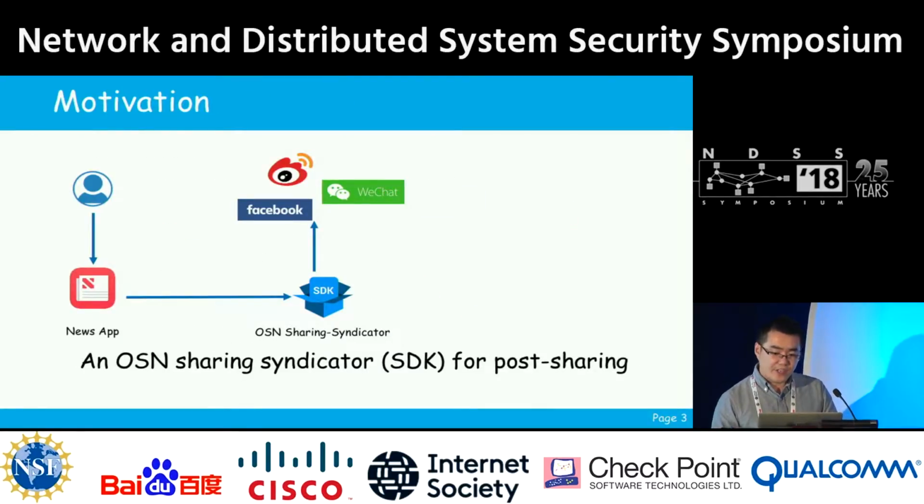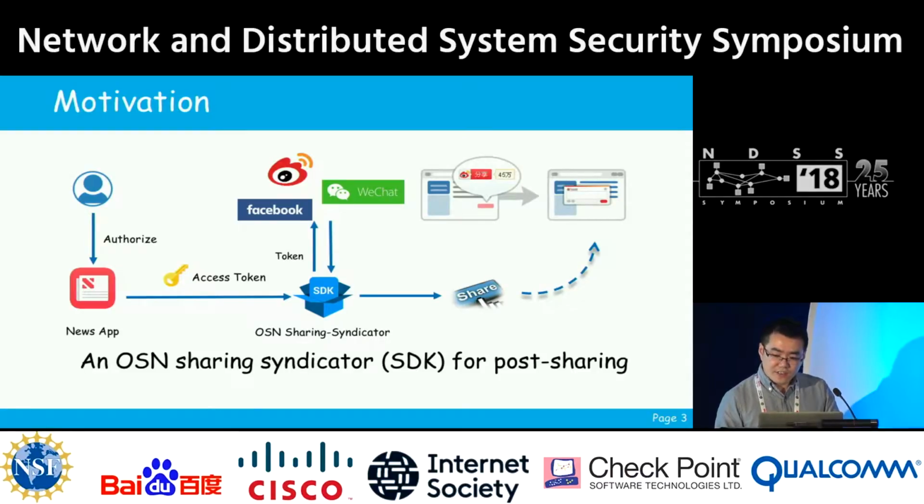Let's take the following case as an example. Here, a popular news app integrates a library for sharing posts to different social networks, which we call the sharing syndicator. When a user shares news in this app to her social network, she will not know that this process is actually handled by a third-party library, and her login credential, like the access token, will be used by this library for delivering posts.